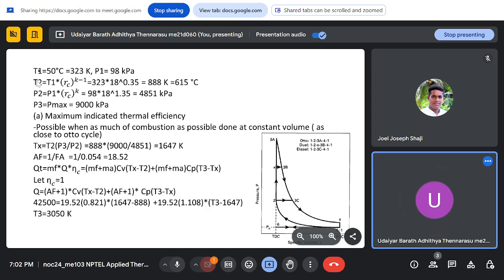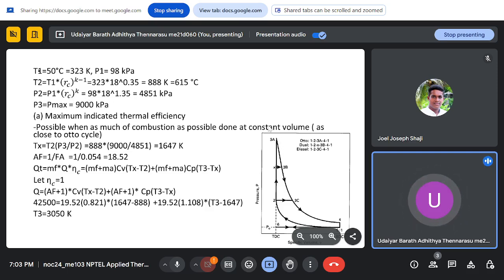So your temperature is 615 degrees Celsius at state 2. Then the pressure at state 2 is P2 equals P1 into V1 by V2 raised to gamma. P1 is 98, so P2 is 4851 kilopascal. With this, P3 is the maximum pressure which you can go to, so it is 9000 kilopascal.